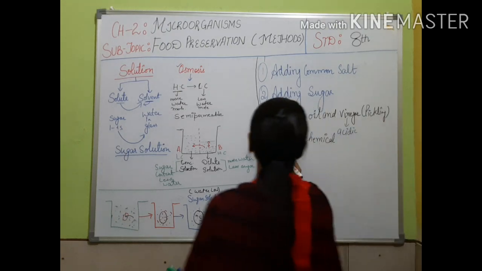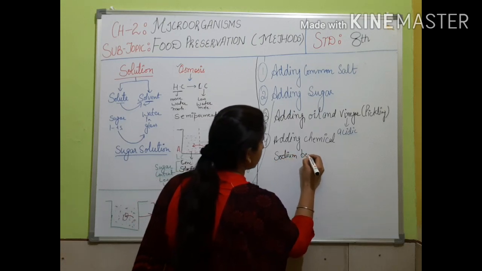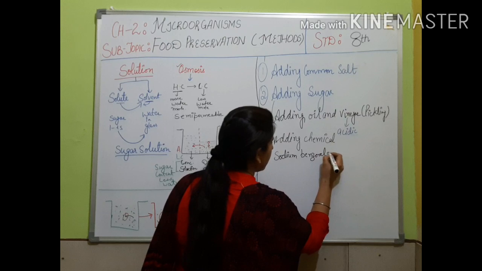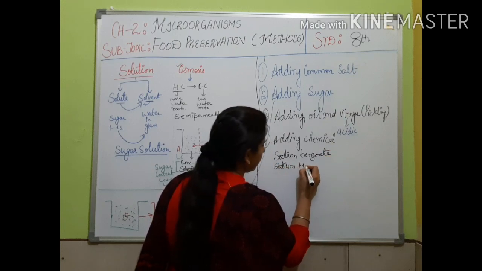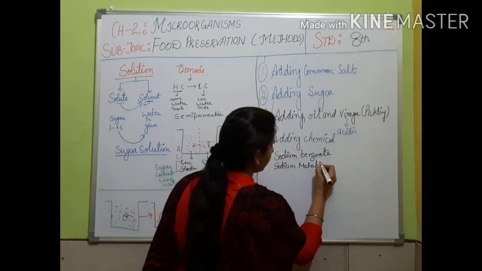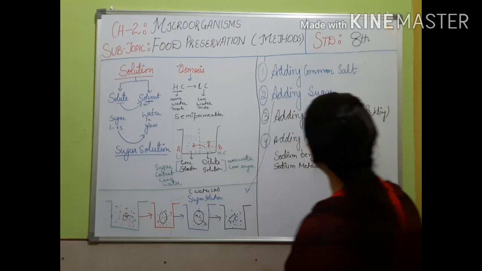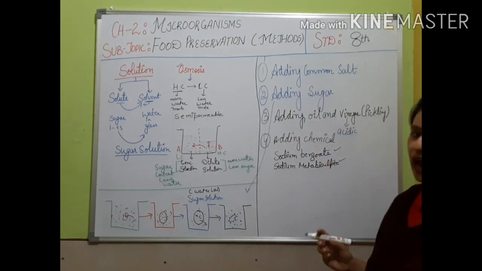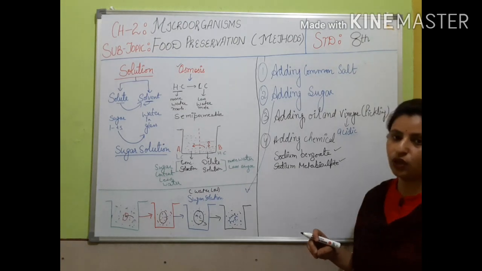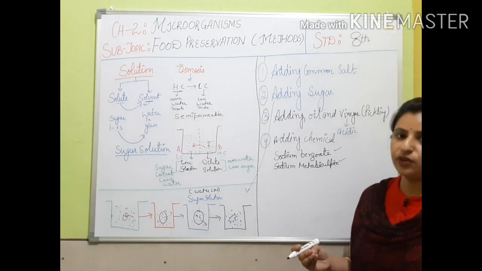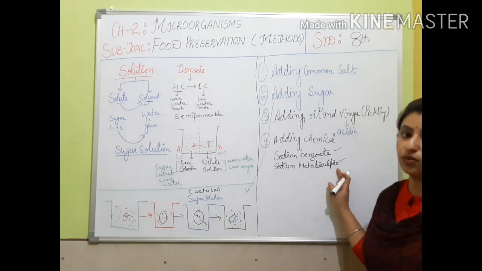They are sodium benzoate and sodium metabisulfite. So only these two chemicals are permitted to be added into the food, by which we can preserve the food for a long time. A large quantity must not be added, because if more of these chemicals is added, it will harm our body.